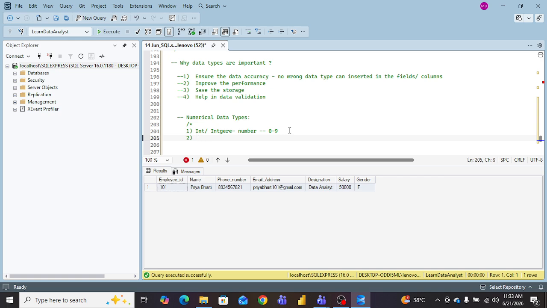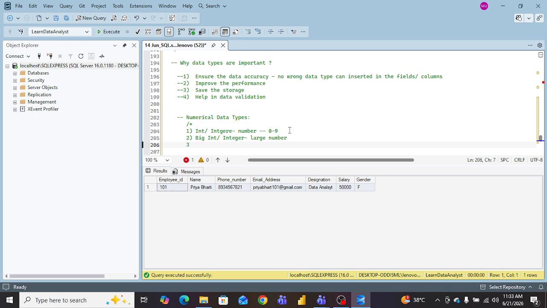Now the second is big integer. It is also numeric. We can use it for large numbers.